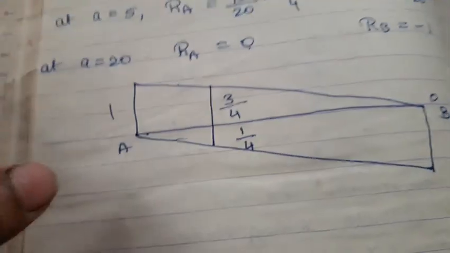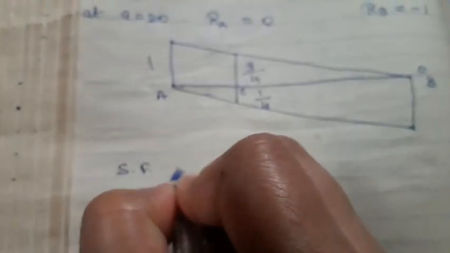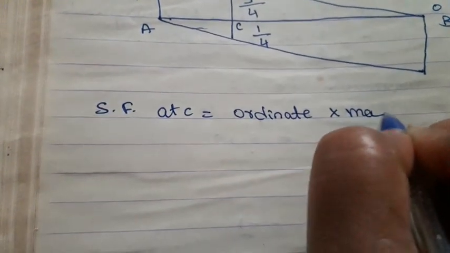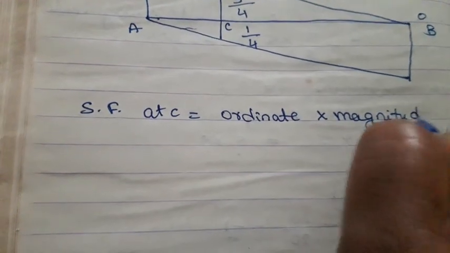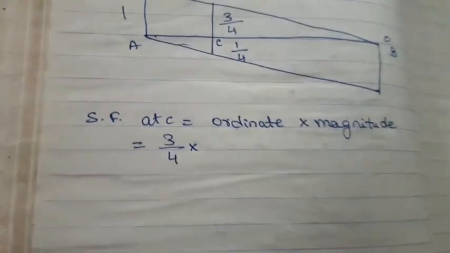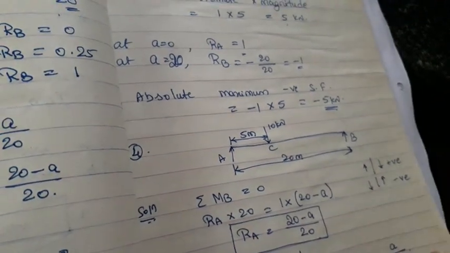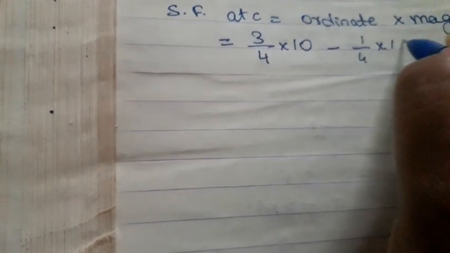Now we have to find out shear force at C. This point we call it C. So shear force at C is equal to ordinate into magnitude. Ordinate is 3 by 4. The magnitude of the load is 10 kilonewton, which is given in the problem. So 3 by 4 into 10 minus 1 by 4 into 10.